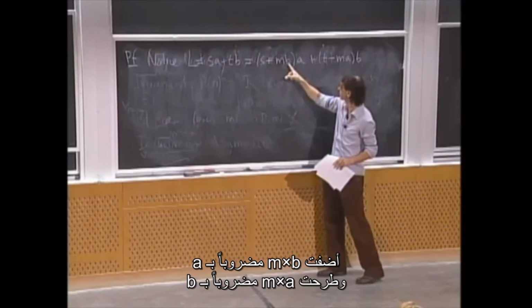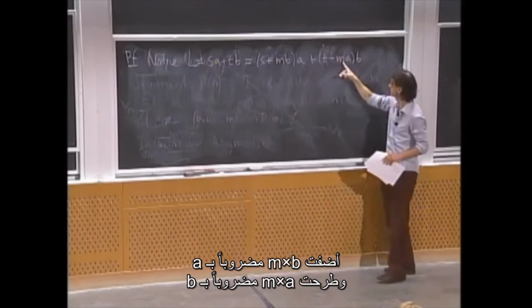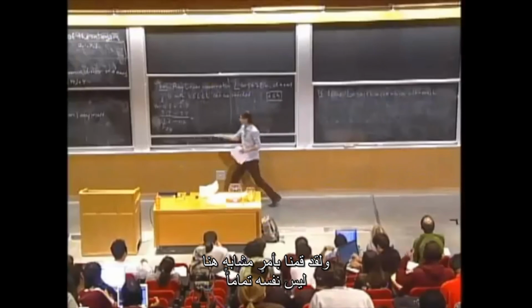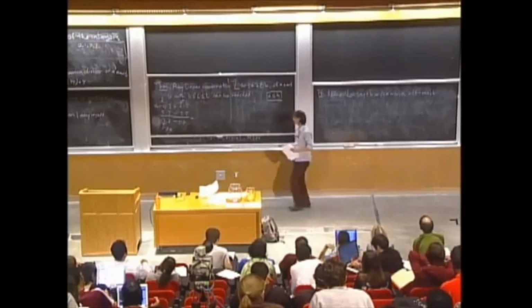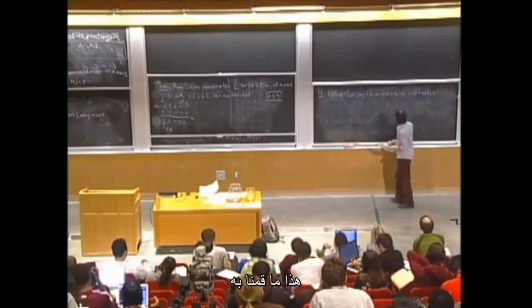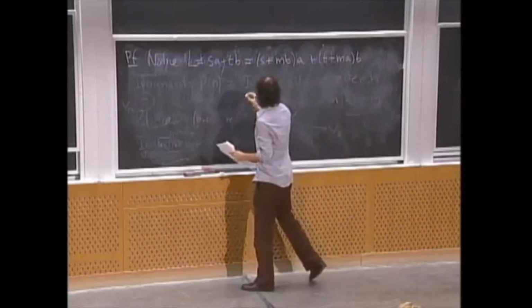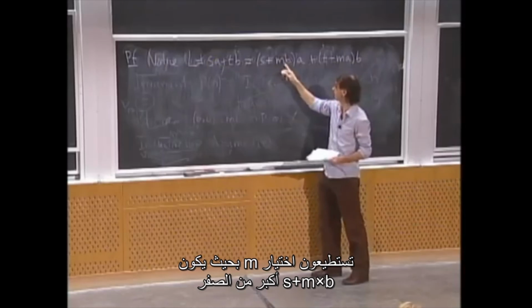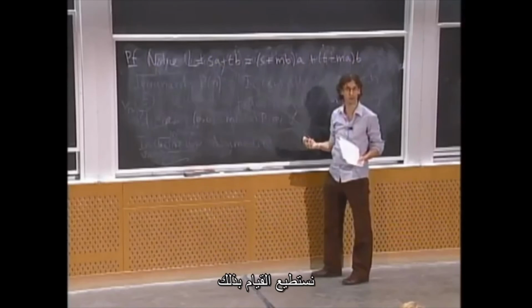I have added M times B times A and subtracted M times A times B. And we did something similar over here, not exactly the same, right? But that's what we did. And you can imagine that we can choose M such that S plus M times B will be larger than 0. We can do that.